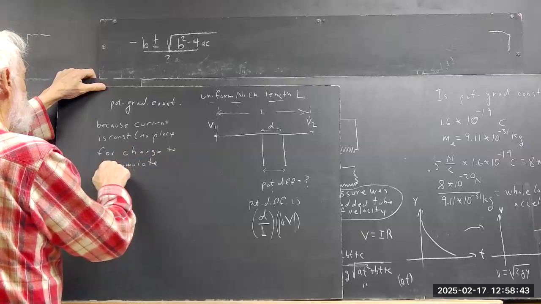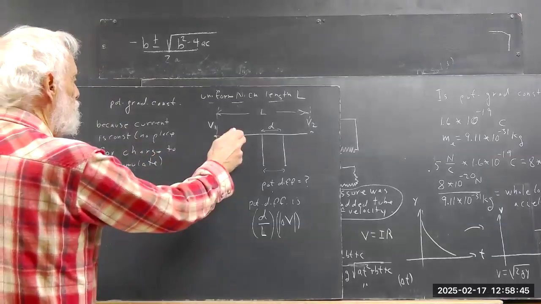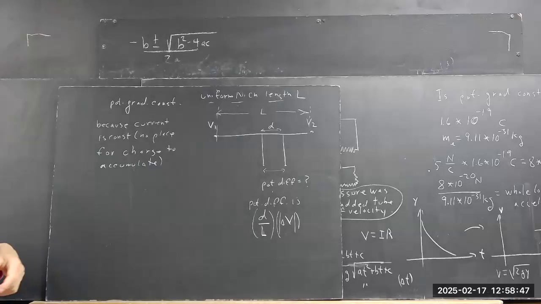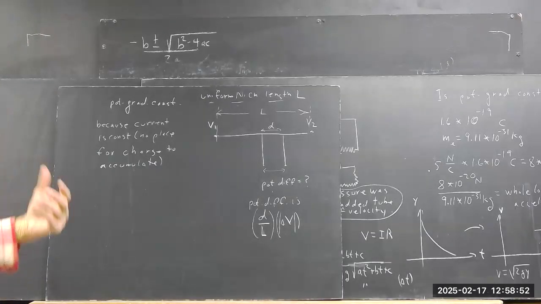So what goes in has to come out. What goes into any point has to go out of that point. Okay? Meaning that the current's going to be the same at every point.